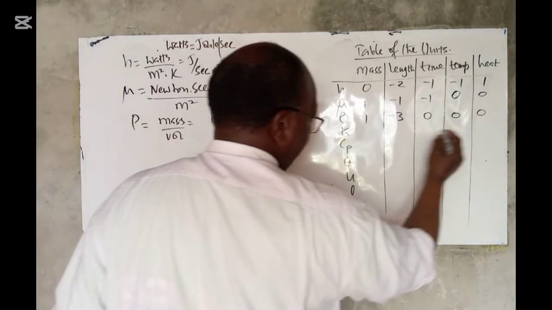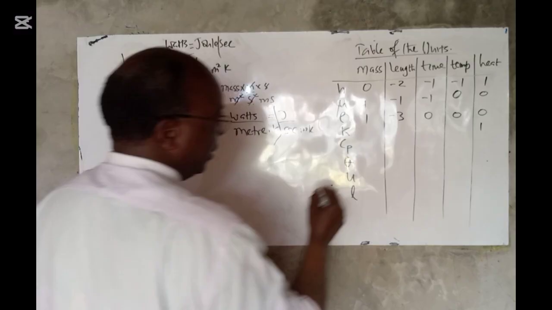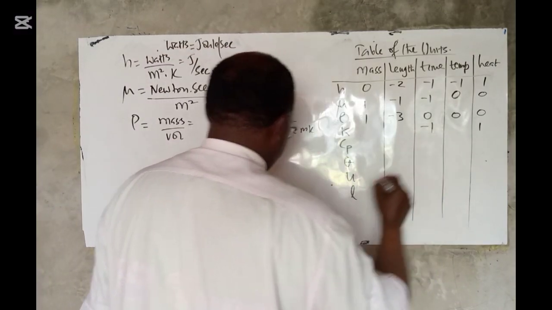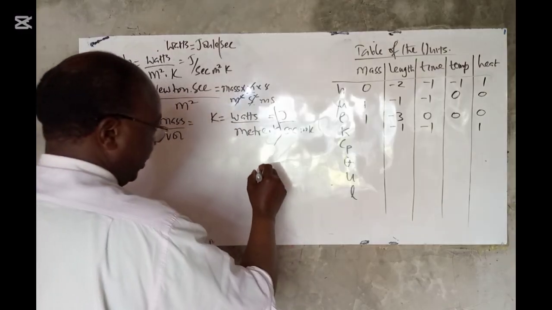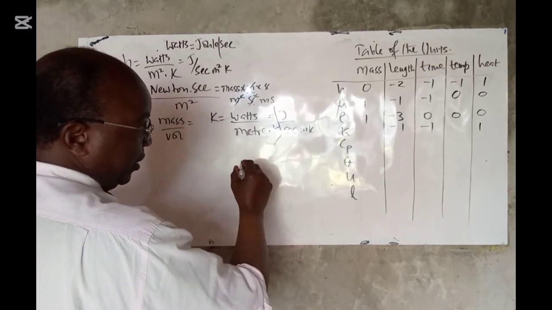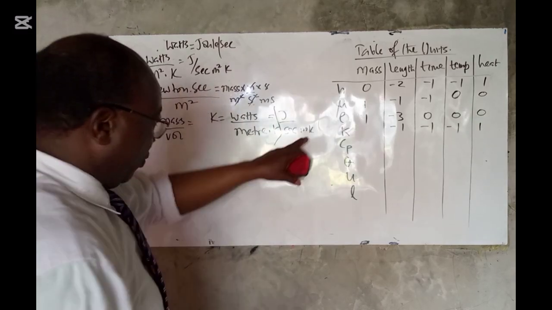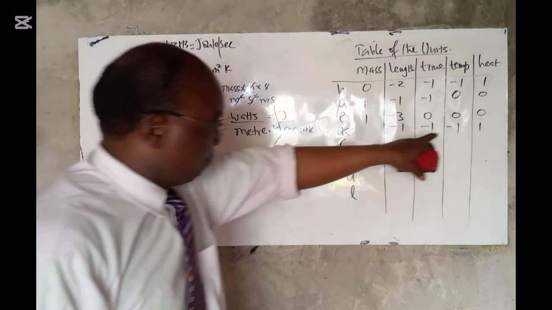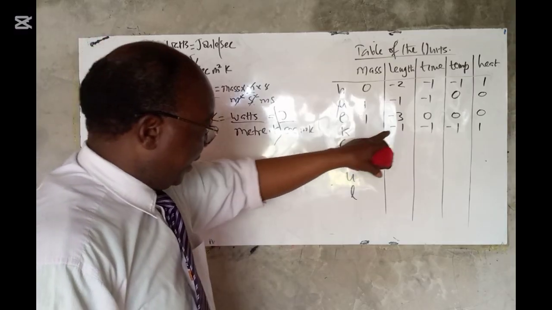So for K, heat is 1, we are dividing by time, minus 1, dividing by length, minus 1, dividing by temperature, minus 1.